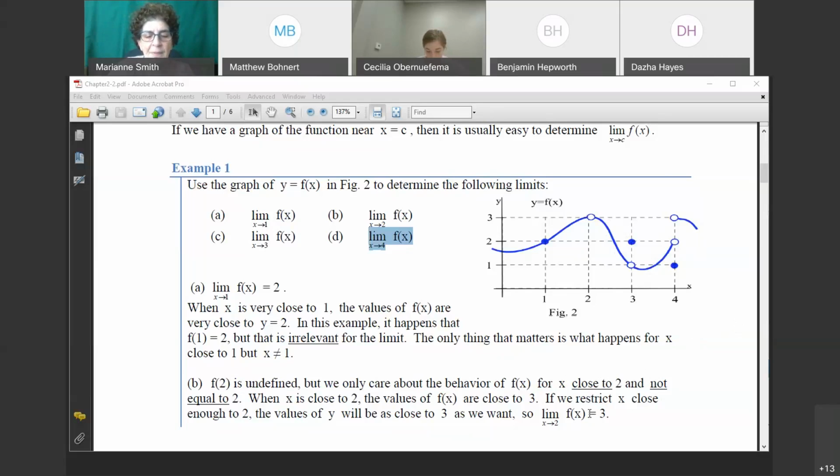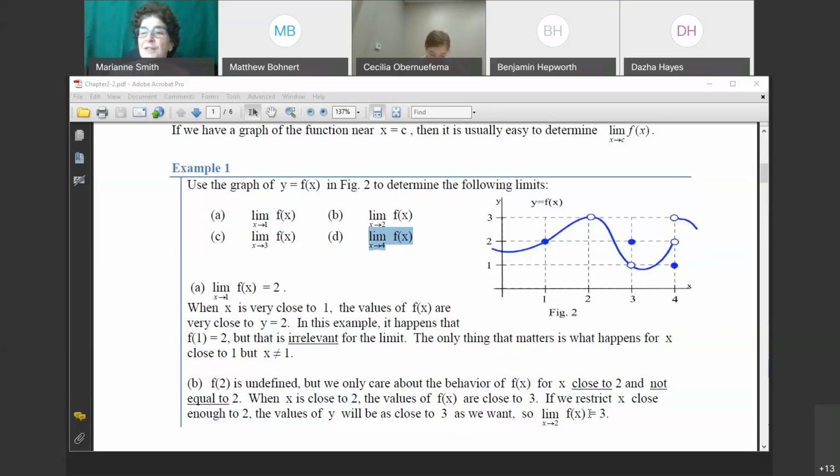Okay, and how about f of 4? What's that? What's f of 4? Yeah, f of 4 isn't what either of those left or right-hand side limits are, right?